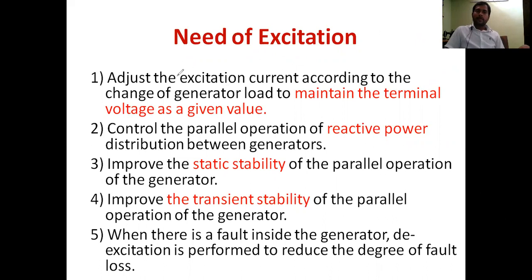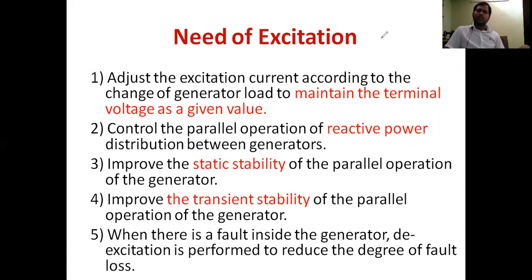The first point is to adjust the excitation current. Excitation current is nothing but field current. Adjust the field current according to the change of generator load to maintain the terminal voltage at a given value or constant.